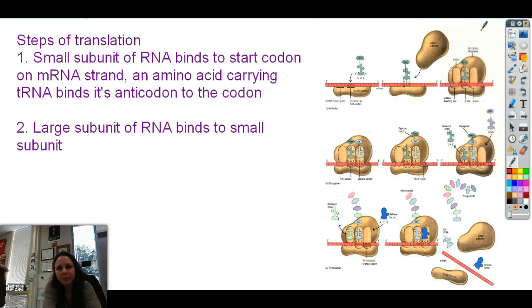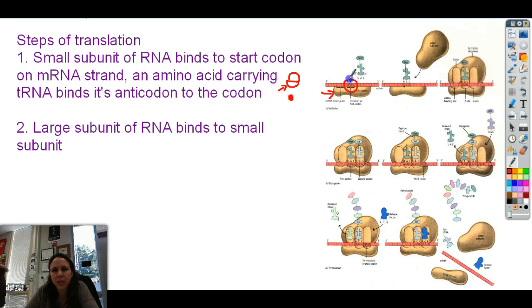Okay, steps are, first thing that's going to happen is that the ribosome, remember the ribosome, little thing usually found in cells where proteins are made, is actually made out of two halves, a top half and a bottom half. So the small subunit is the bottom half, so that's this guy right there. And he's going to find the start codon.